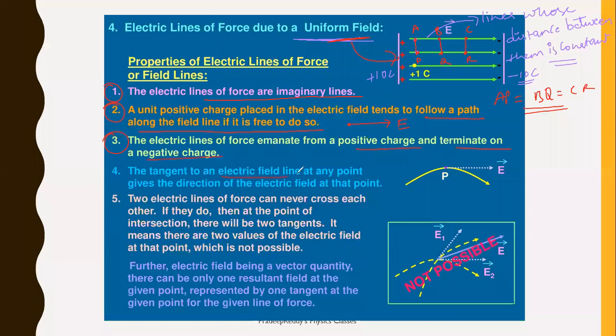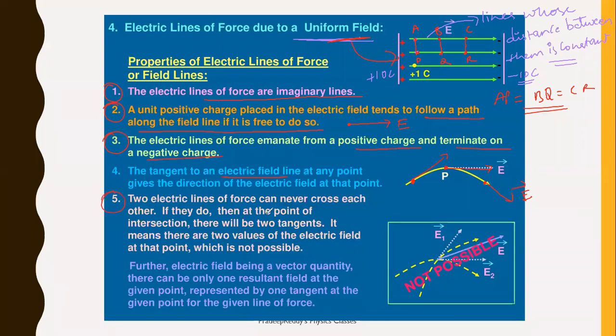The tangent to the electric field line, say this is a particular point. At this point, if you draw a tangent, at that point you will be getting the electric field. Here I want to find out the electric field, simply draw the tangent. The tangent of the electric field line at that point gives you the electric field direction.